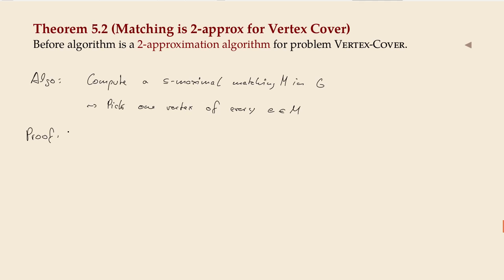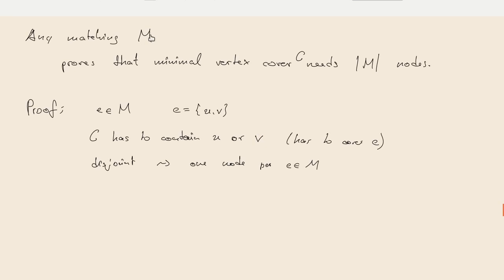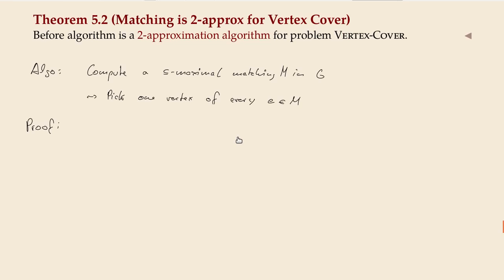What we have to show first is that what we return is actually a vertex cover. And that's why we need inclusion maximal here. So here we just said that any matching gives a lower bound on the vertex cover size. But if you just add a very small matching where you can add more edges, what you get is not necessarily a vertex cover. So we have to show that this is a vertex cover. If we take any of the edges in the graph, we have to show that it's covered.